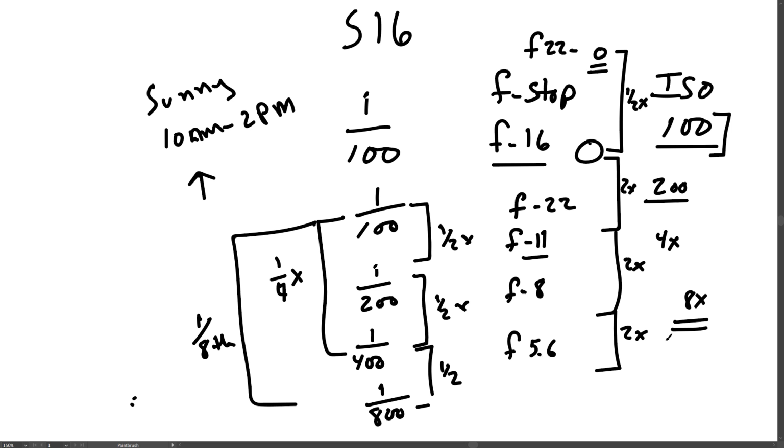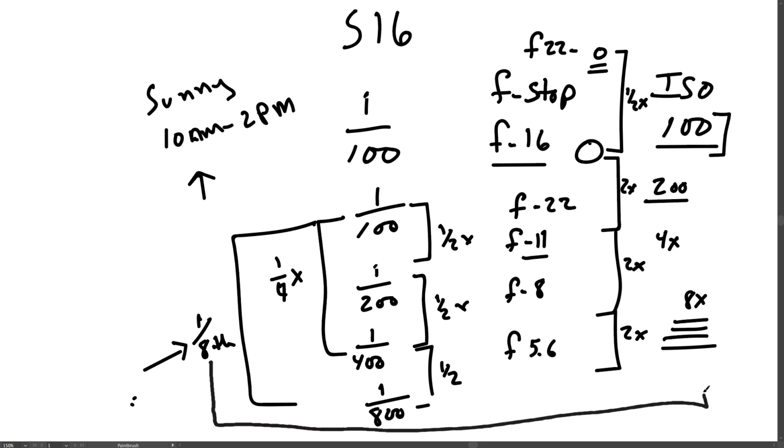If we're letting in 8 times the amount of light by opening up the aperture, we have to increase the shutter speed to allow only 1/8 the amount of light in, so that this 1/8 the amount of light balances this 8 times the amount of light, and we'll end up still with the correct exposure.